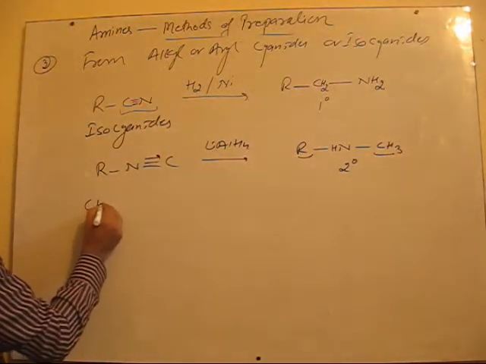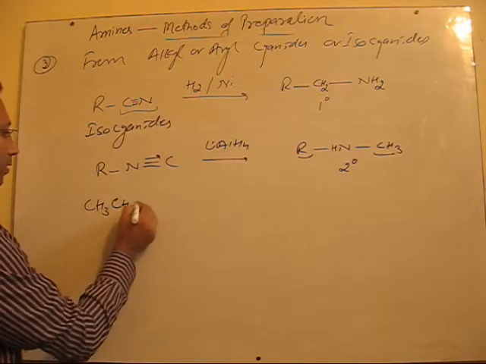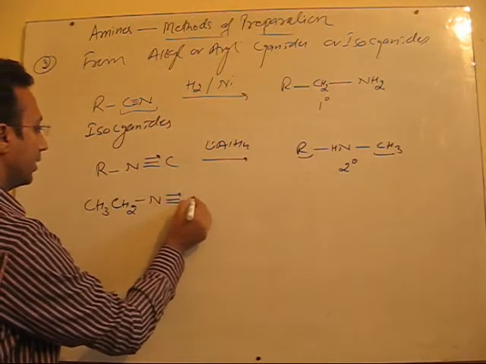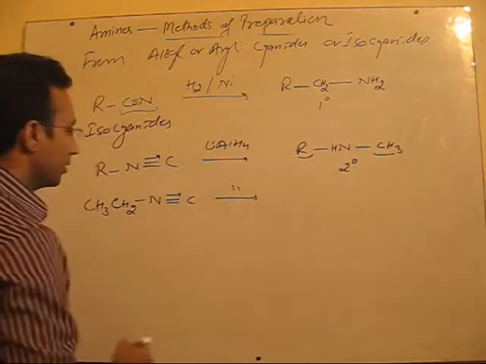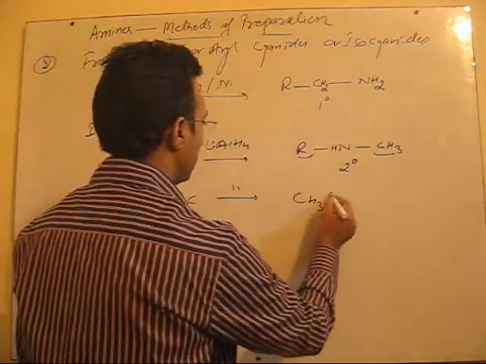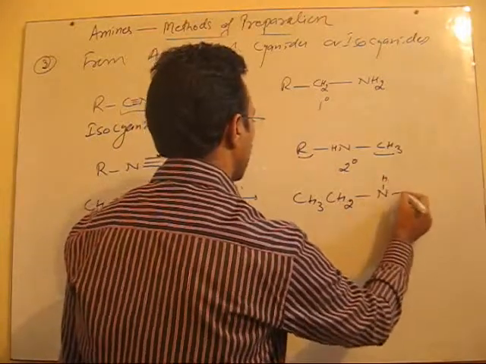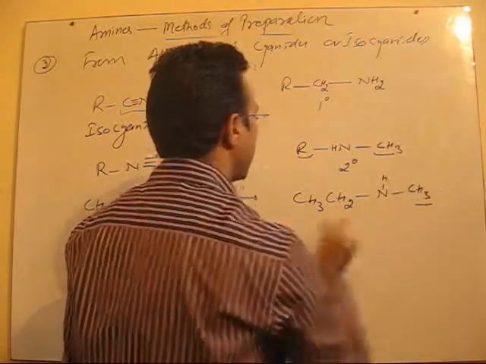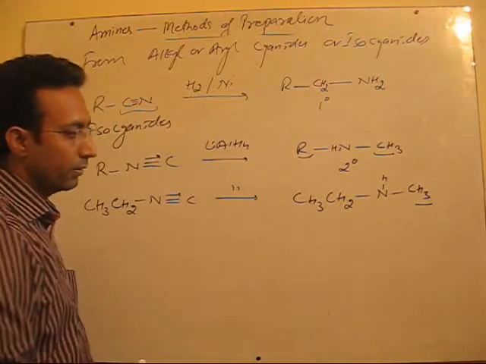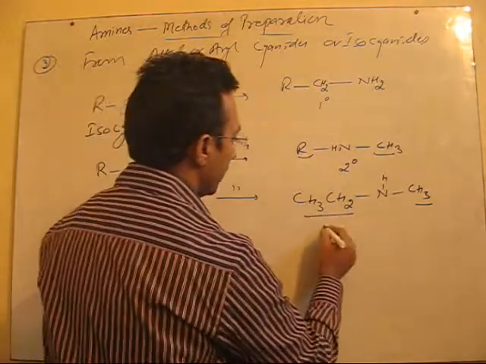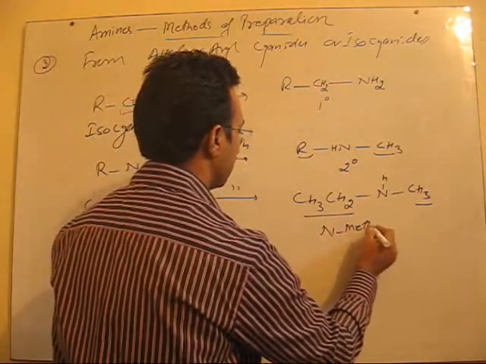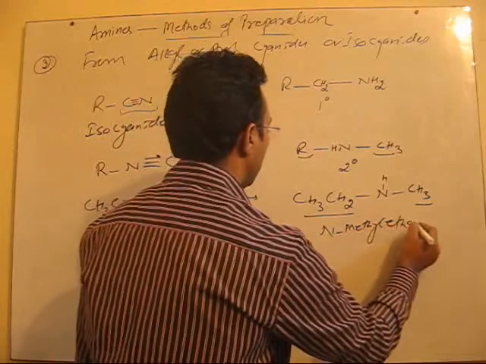For example, you have this compound ethyl isocyanide. Under the same conditions, it will give you this compound. At the end you will always get CH3. Fine. So this is simply N-methylethanamine.